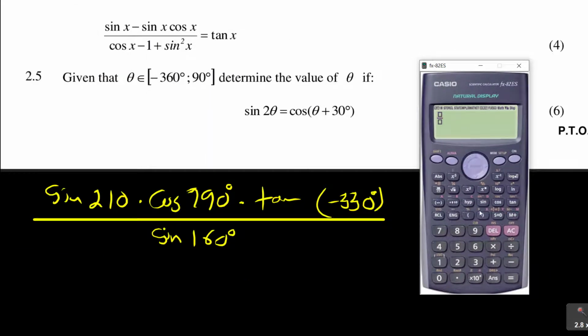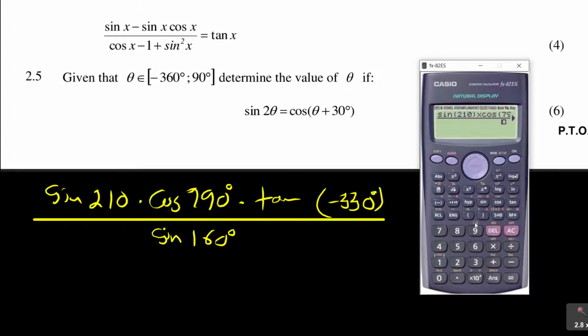So we use the calculator, sine 210, just to get an idea what it will simplify to. Then you work towards the answer, guys. It's not like they're going to catch you typing this on the calculator and disqualify you. They just want to see proof that you never used the calculator when arriving at your answer.